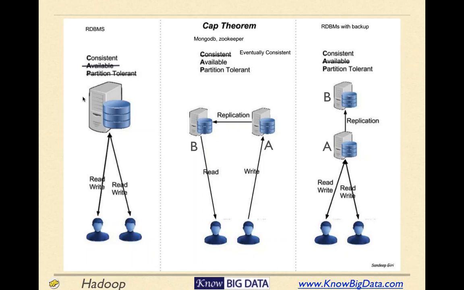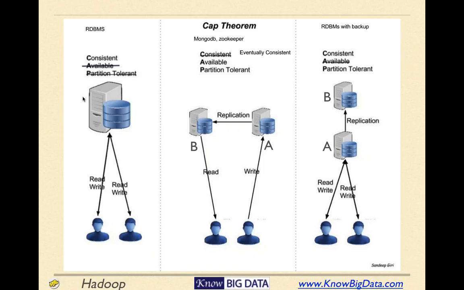Transactions have all ACID properties. It has primary and foreign key relationships and whatnot. So it is great at providing you consistency. And if in production you need consistency, then stick to the RDBMS. Do not go with NoSQL. All right. Now let's take a look at the second diagram.